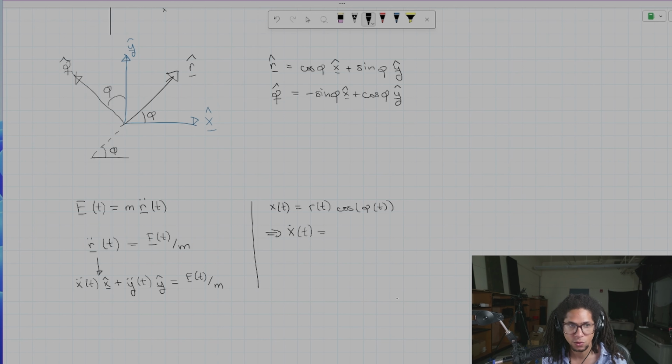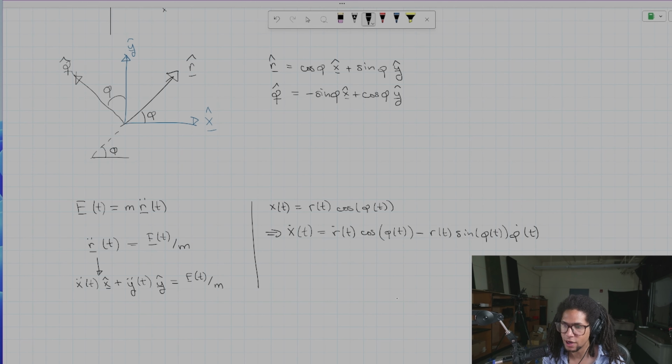So for the product rule, I'll have r dot of t times cos phi of t plus r of t times, okay, now I need to use the chain rule. I'll first take the derivative of cosine, which is going to give us a minus sine of phi of t. And then from the inside, I'll get phi dot of t. Good. And there we go.